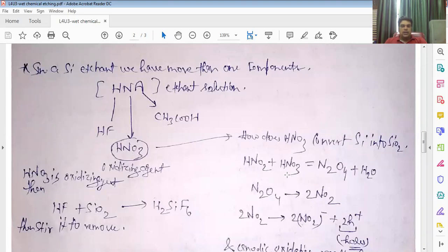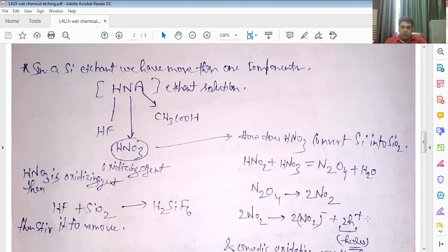HNO3 basically internally contains HNO2. HNO2 reacts with HNO3 and forms N2O4. This N2O4 is converted into NO2. This NO2 is converted into NO2- ion and holes.